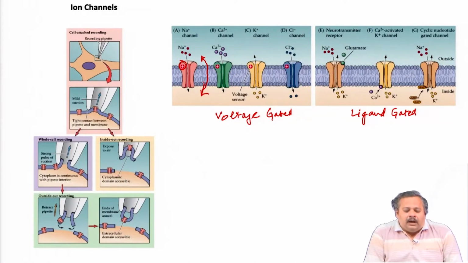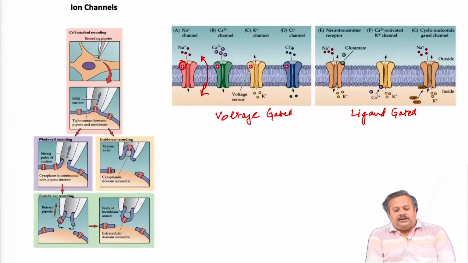Here we have examples of 4 different ion channels that are heavily involved in our course: the voltage dependent sodium channel, voltage dependent calcium channels, voltage dependent potassium channels, and voltage dependent chloride channels.